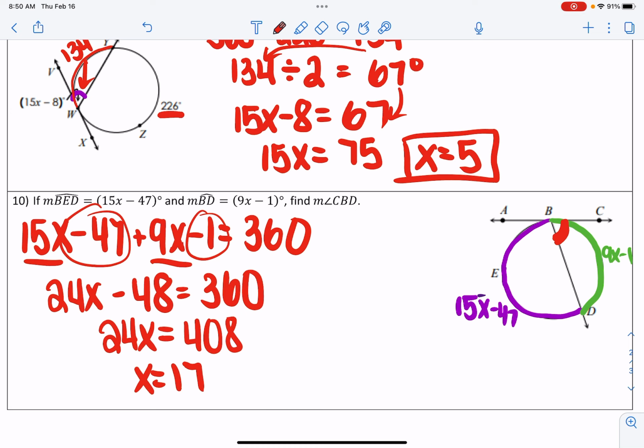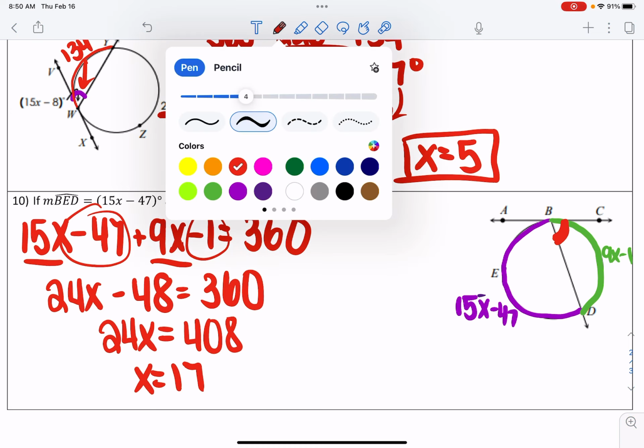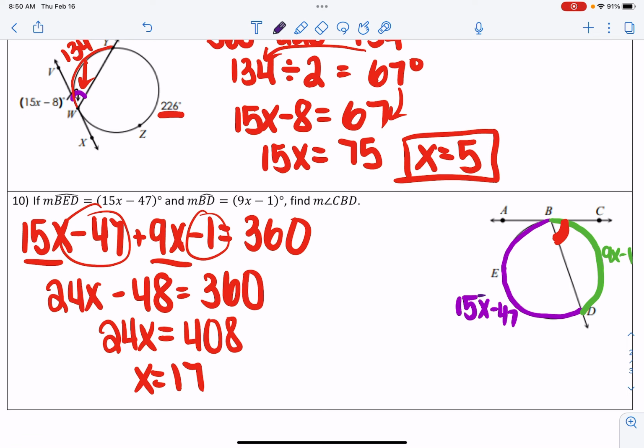Okay, now that's not the question that was asked. It was asking to find the measurement of that red angle I labeled, okay? So how can I do that? Well, I don't obviously have that angle labeled, but I do have the intercepted arc labeled as 9x minus 1. So if I can find the measurement of that arc, I can find the measurement of that angle.